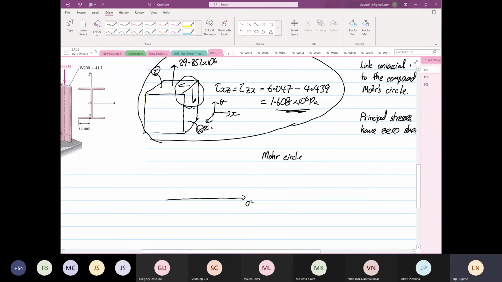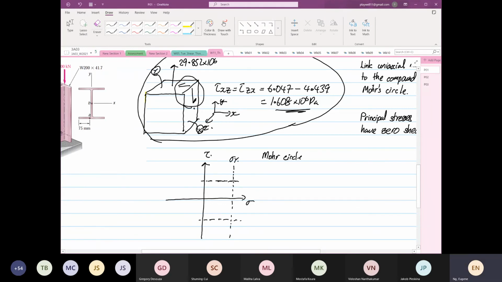This is our normal stress, just normal stress, not stress X, and the vertical line is our shearing stress. So from here we can see that we have stress Y. I'm just going to roughly say that this is our stress Y value, and this is our shear.